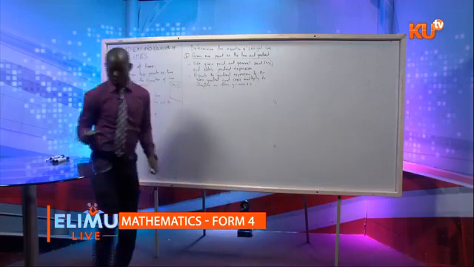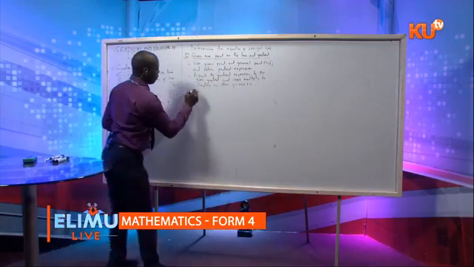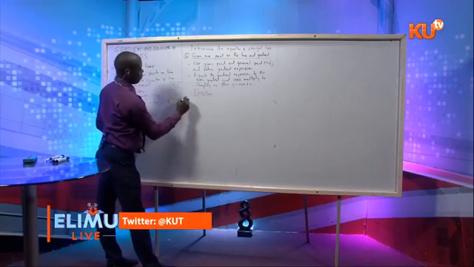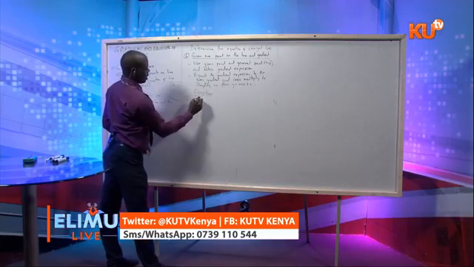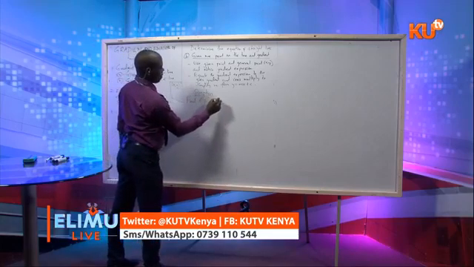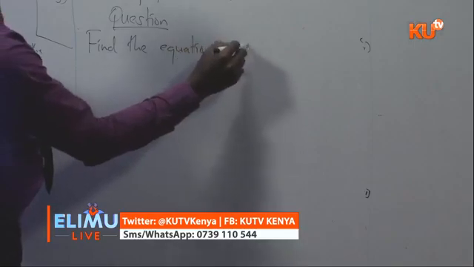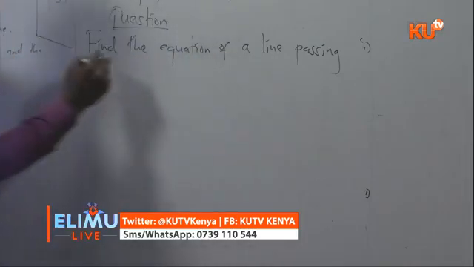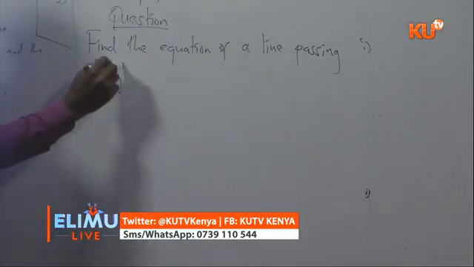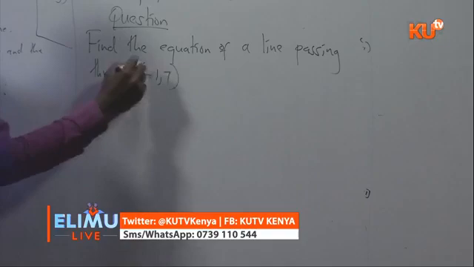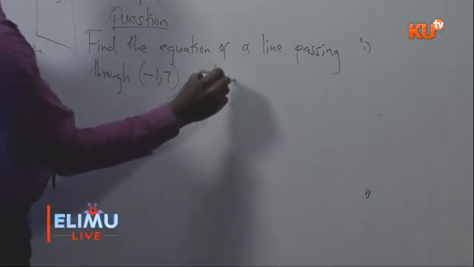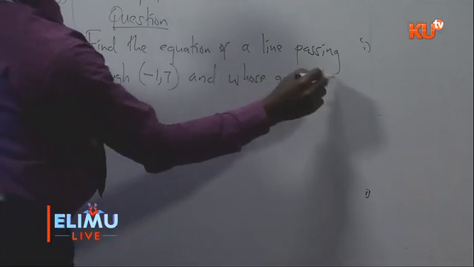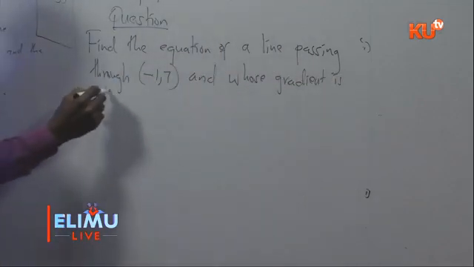So let's see practically what we do for this case. You are told to find the equation of a line passing through -1, 7, and whose gradient is 1 over 4.